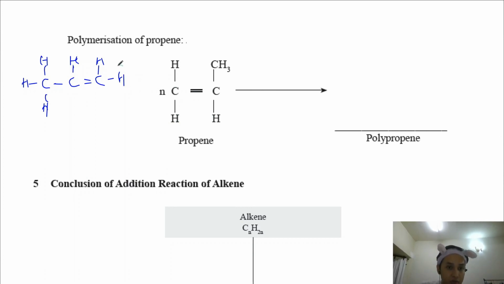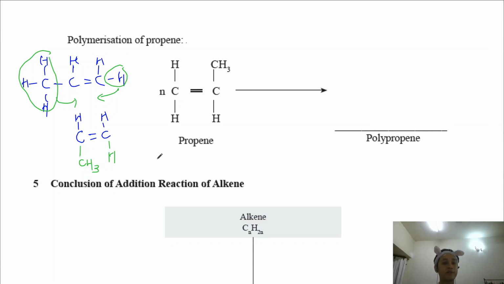So what I do is I take this one and shift it downwards, meaning I rotate it downwards, and then this group, I rotate it downwards also, so that it becomes like this. C double bond C, H, H, and then this one is the one that I bring down. So this one I can simplify and write as CH3. We can write it like this.